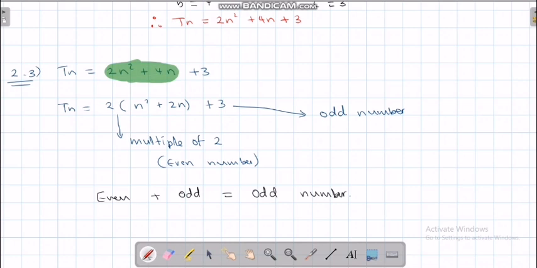If you multiply by 2, your answer will be even. Then you're adding an odd number, therefore the final answer is odd. So in this case, all the terms would be odd, for n an element of the natural numbers.